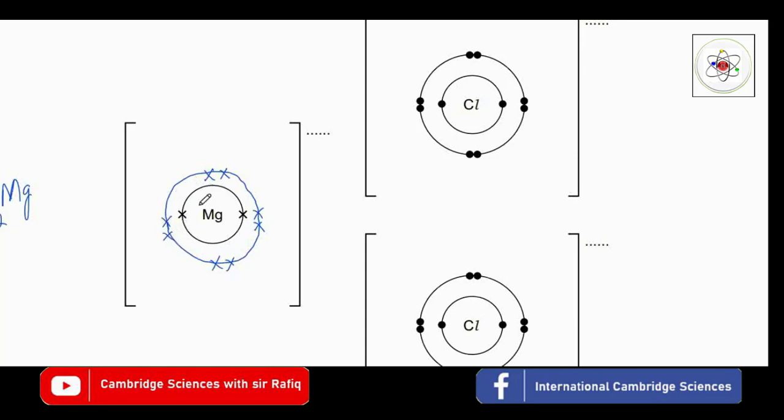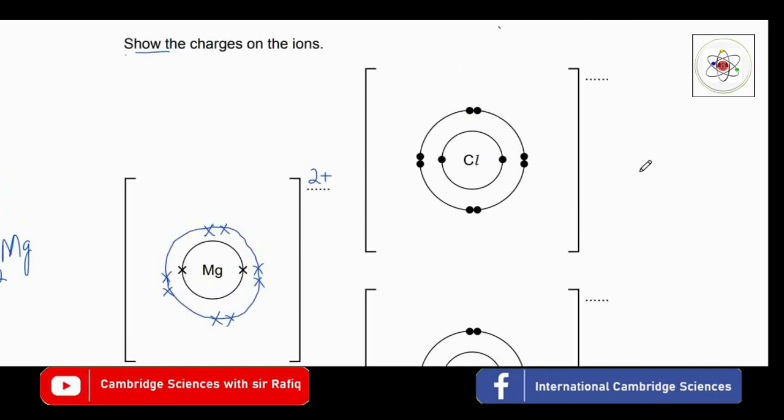But 2 electrons have been lost when magnesium becomes an ion with 2 positive charges. Chlorine has 17 electrons in total in its atom, and already 10 electrons are mentioned in the chlorine atom, so 7 electrons will be revolving around the nucleus in the third shell, 7 electrons.